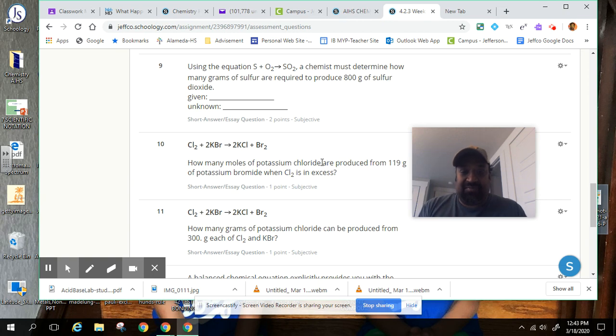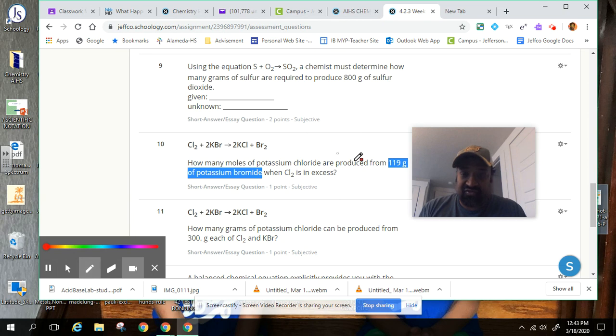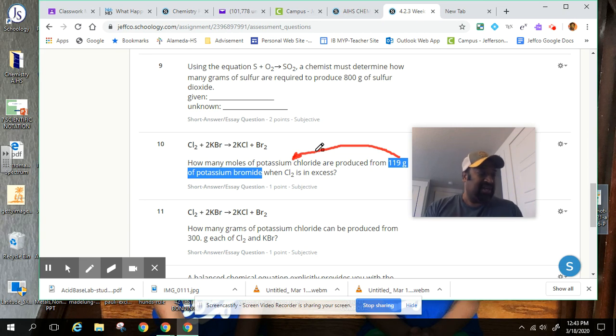How many moles of potassium chloride are produced by 119 grams of potassium bromide when Cl2 is in excess? So if I was drawing this right here, my 119 grams of potassium bromide, that's your given. And you are trying to go to your, I'd almost draw an arrow if I could. That's what you're trying to find. How many moles of potassium chloride?